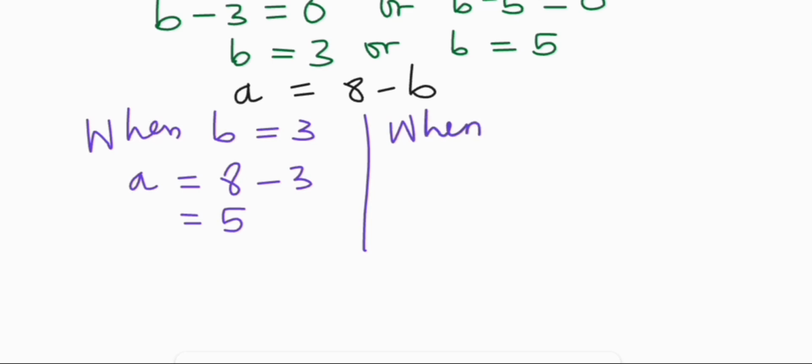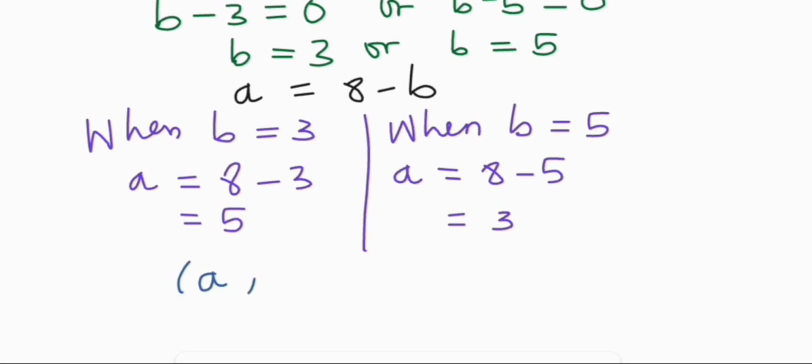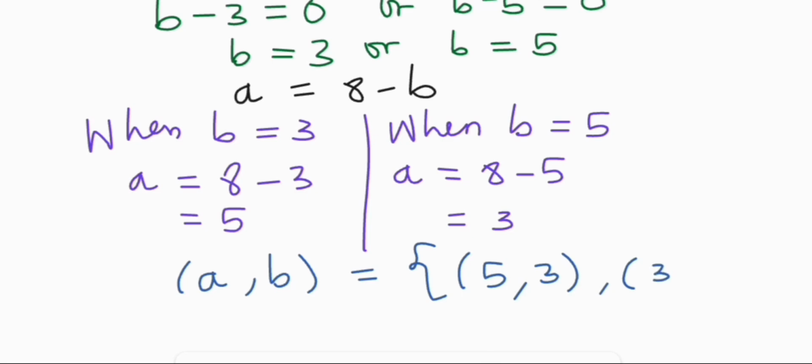And when b is 5, a is going to be 8 minus 5, which is 3. That means that the solution pairs of a and b are 5, 3 and 3, 5.